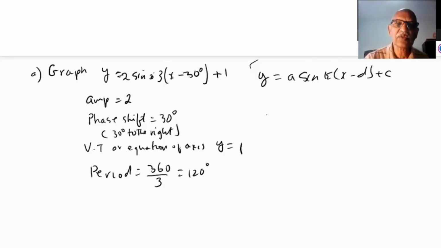So we can say, what's the maximum here? The maximum is always a plus c, which is 2 plus 1. The maximum is 3.